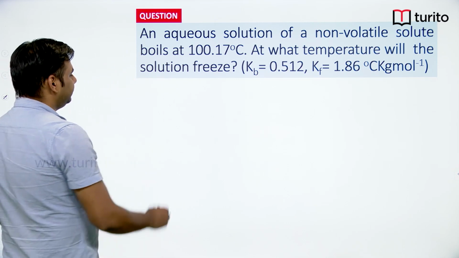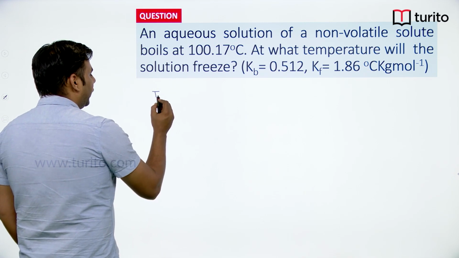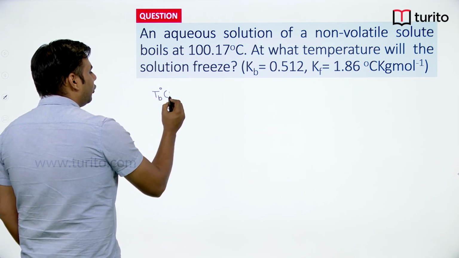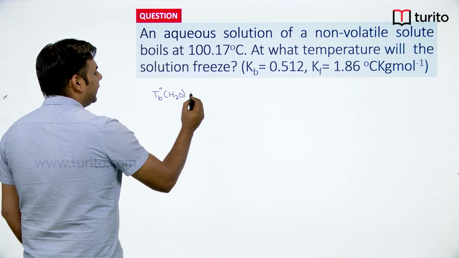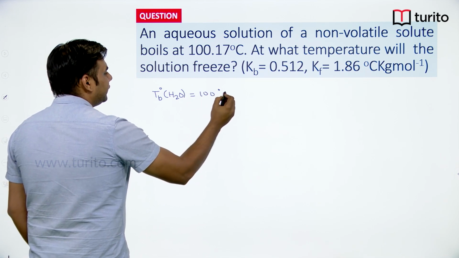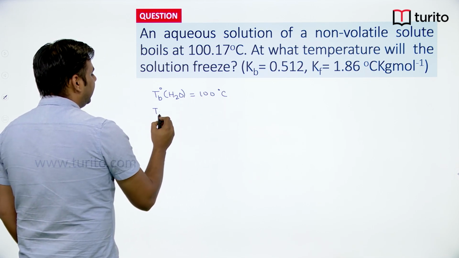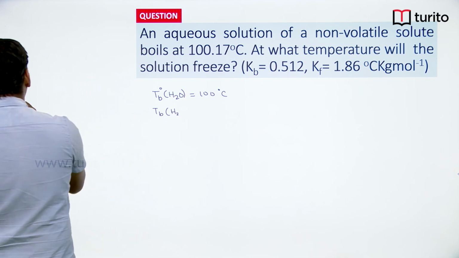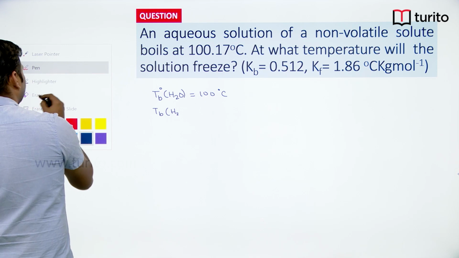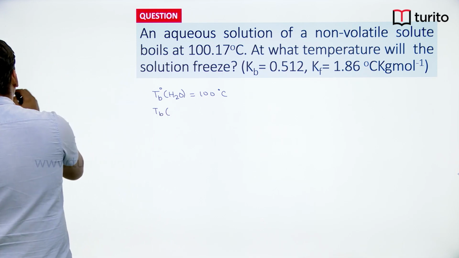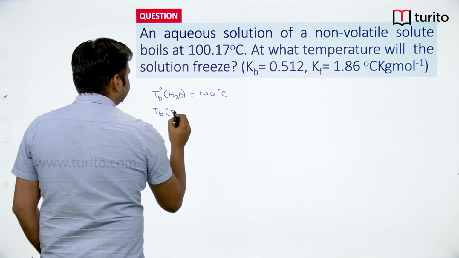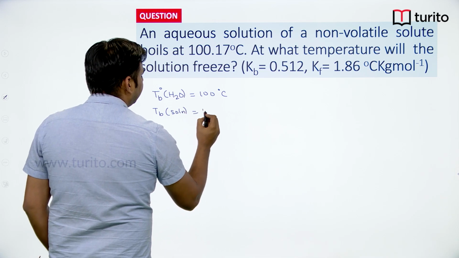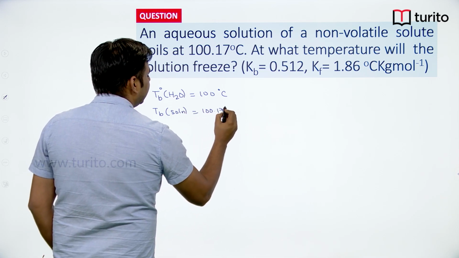So we know that the boiling point of pure water at 1 atm is 100 degrees Celsius. Now when we have added the non-volatile solute, the boiling point of the solution became 100.17 degrees Celsius.